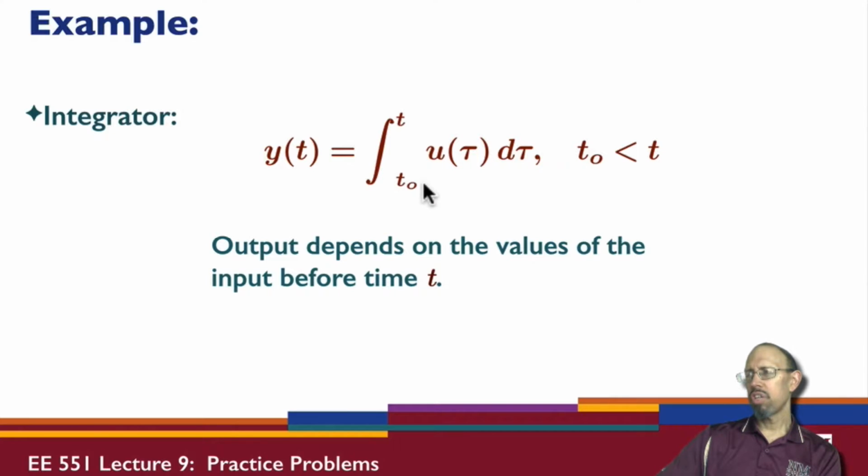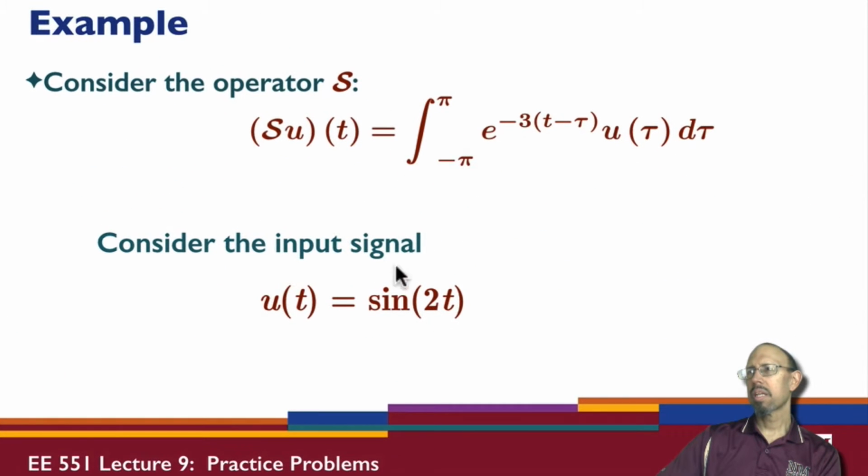In fact, it depends upon all the values of the input from t0 to t. So it is a memory function, a memory operator. All right, consider the operator S given by this expression. It is a convolution on U.